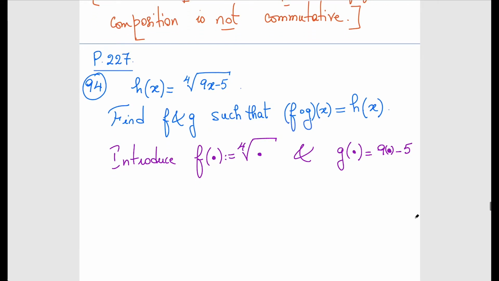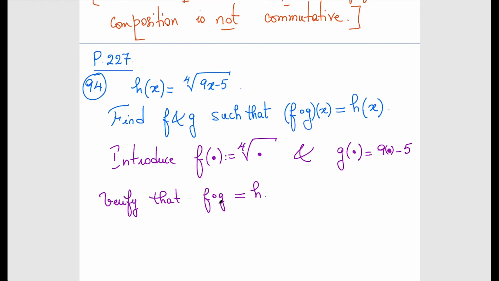Now let's check, let's verify that this is actually the case. So let's verify that our choices of f and g actually answer the question. So let's verify now that the composition of those two functions matches h.